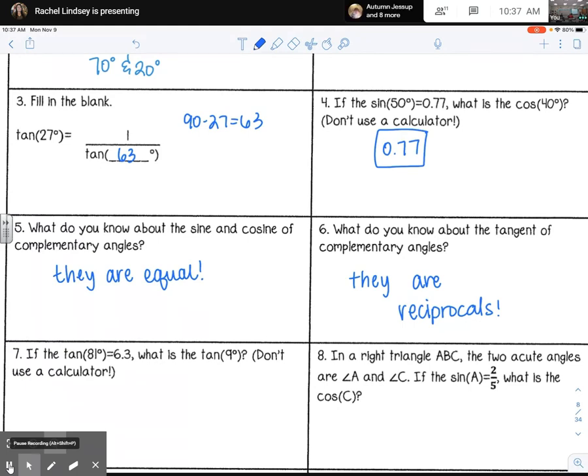Remember, it's got to be the reciprocal. So it would be 1 over 6.3. And 1 over 6.3 is 0.159 if you put it in the calculator. But it says don't use a calculator, so that's all you have to do. We have to remember it's a reciprocal.